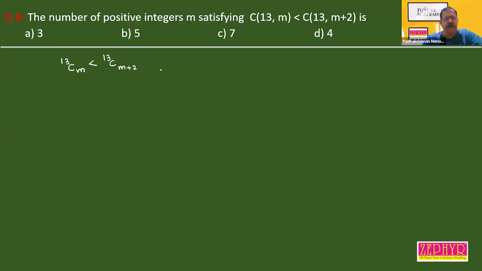You have to use the formula nCr is equal to n factorial by r factorial into (n minus r) factorial.